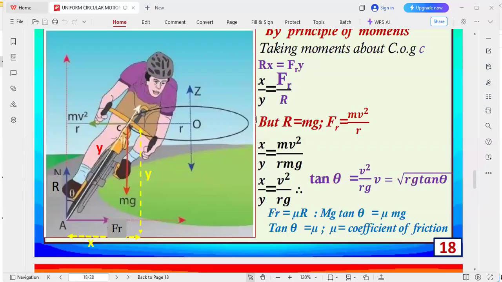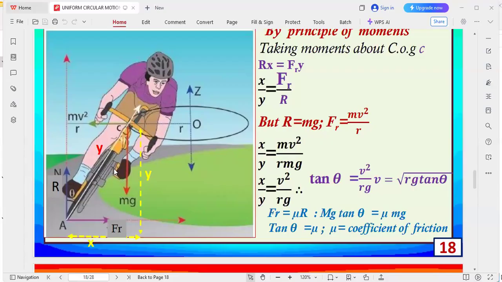Then we divide friction by reaction. Friction over reaction equals x over y, and we know friction is the one providing centripetal force. Therefore, friction is mv squared over r, and reaction is mg. Substituting, we get x over y equals v squared over rg.